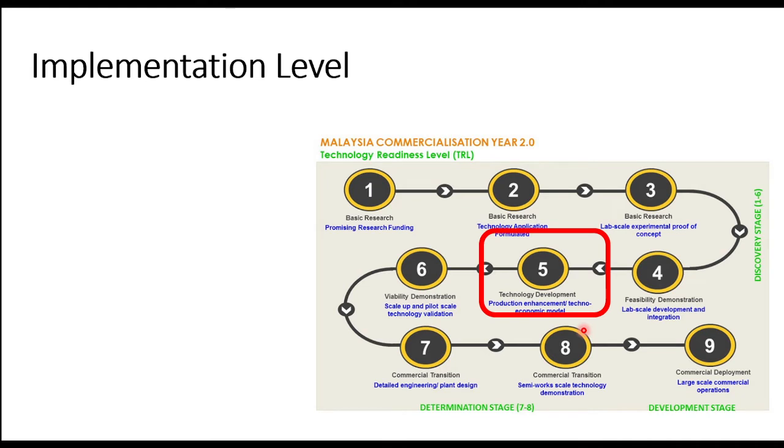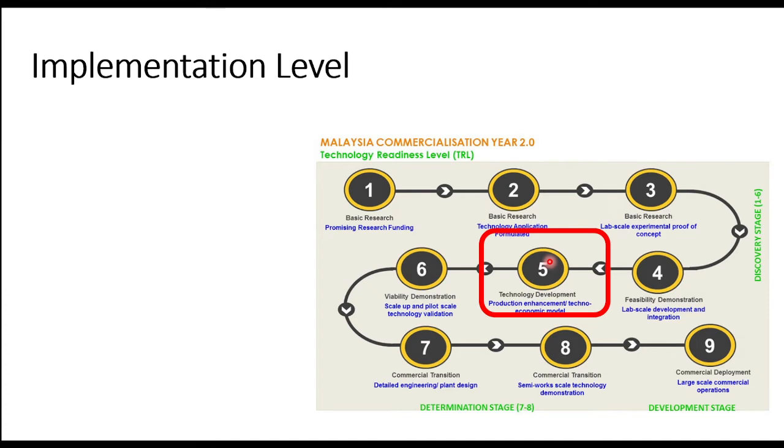From the beginning in 2019 until slightly before the pandemic came, we started our journey from the lowest level, because at this current point we have achieved TRL level number 5, whereby the production enhancement technology model has been fulfilled.